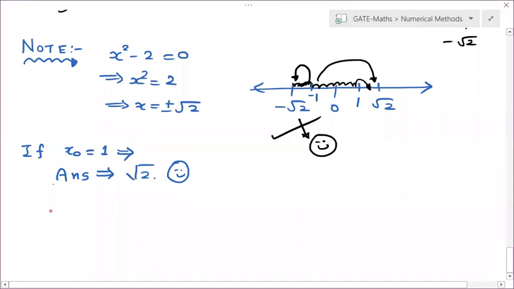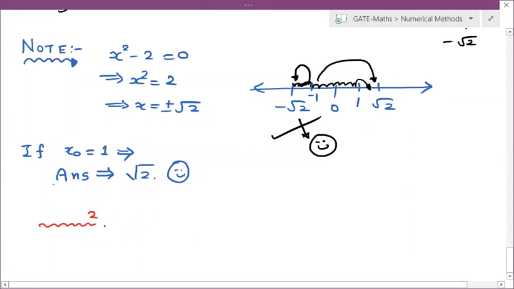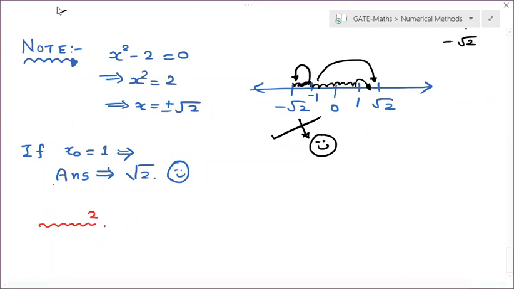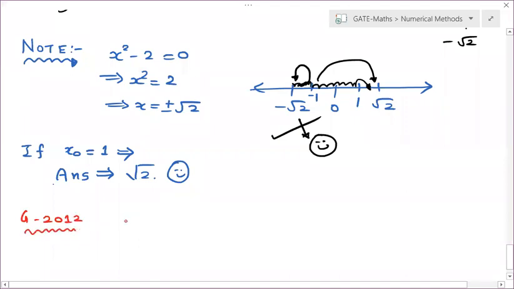So our next question is of GATE 2012. F of x is equal to blank.